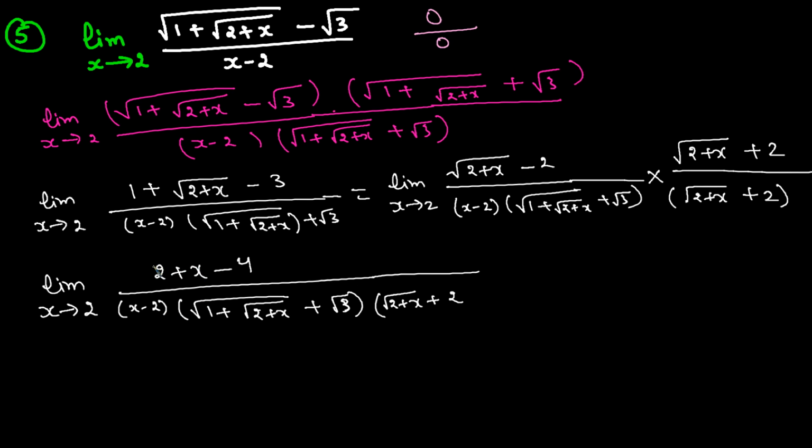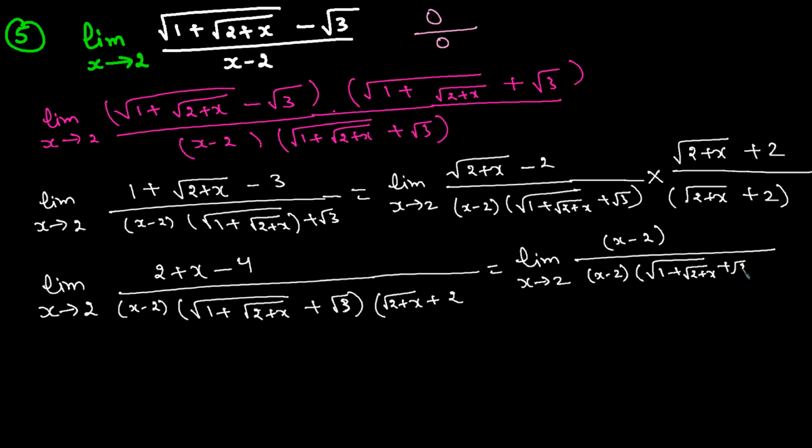Alright, so if we simplify this, the limit as x approaches 2. So 2 plus x minus 4 gives x minus 2. I got x minus 2 in the numerator, and also x minus 2 in the denominator. Let me write down everything. So square root of 1 plus square root of 2 plus x plus square root of 3 into square root of 2 plus x plus 2.